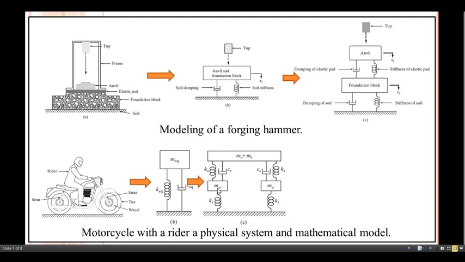The mass of the front wheel we can indicate by mw. The stiffness provided by this stud we can write as ks, and the damping provided by it as cs, meaning one spring and one damper are provided here for the back wheel.